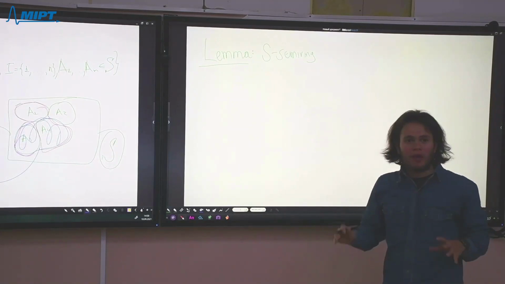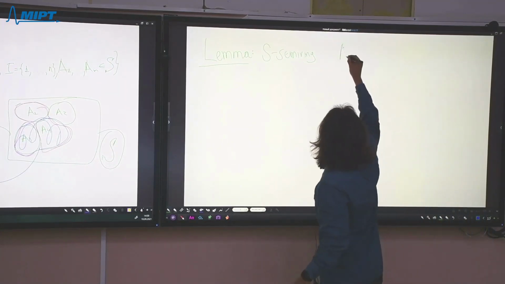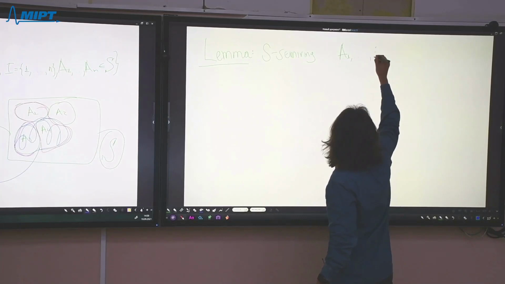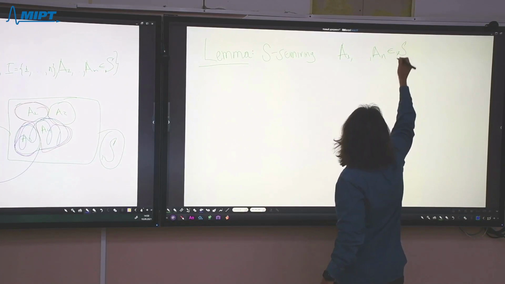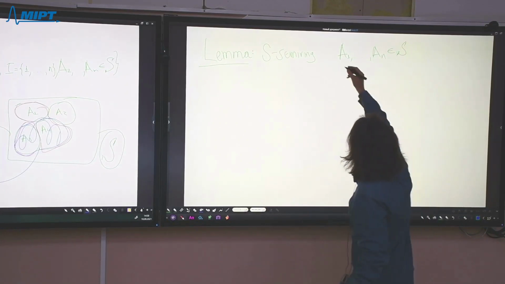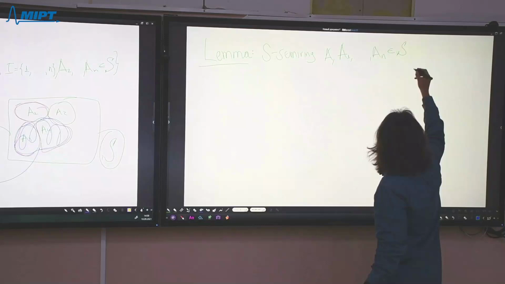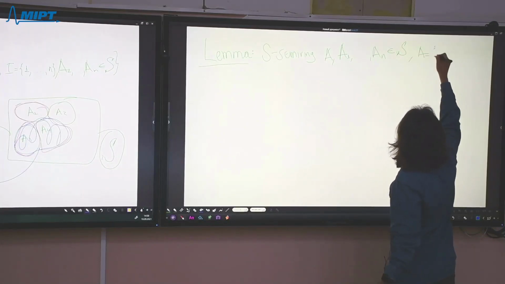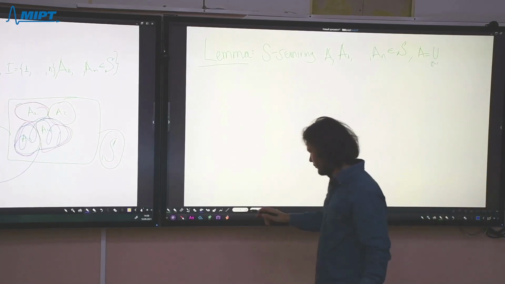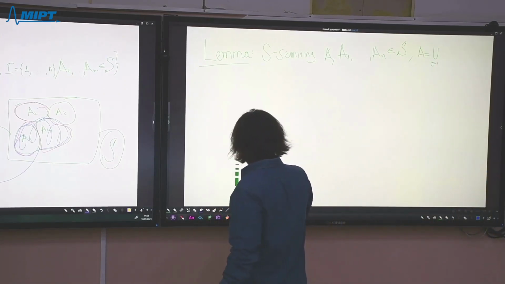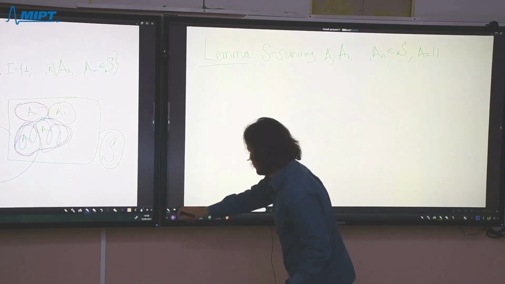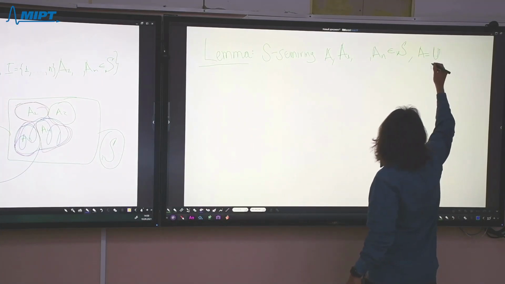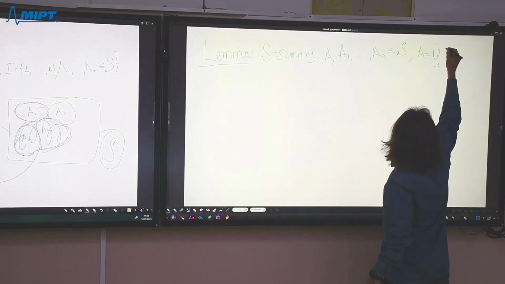right? We have a semi-ring, and we have this collection of sets of S, right? Such that A is just the union from 1 to n of A_i, right?